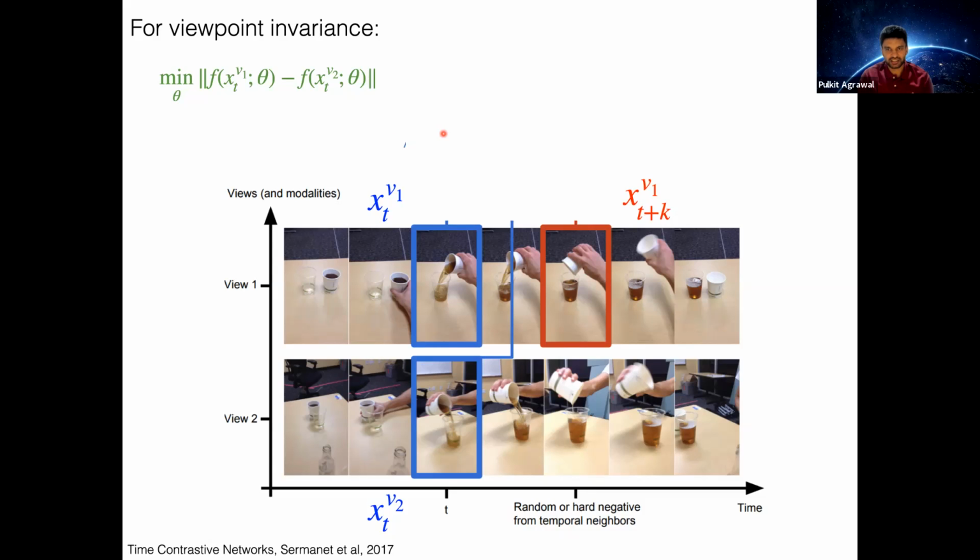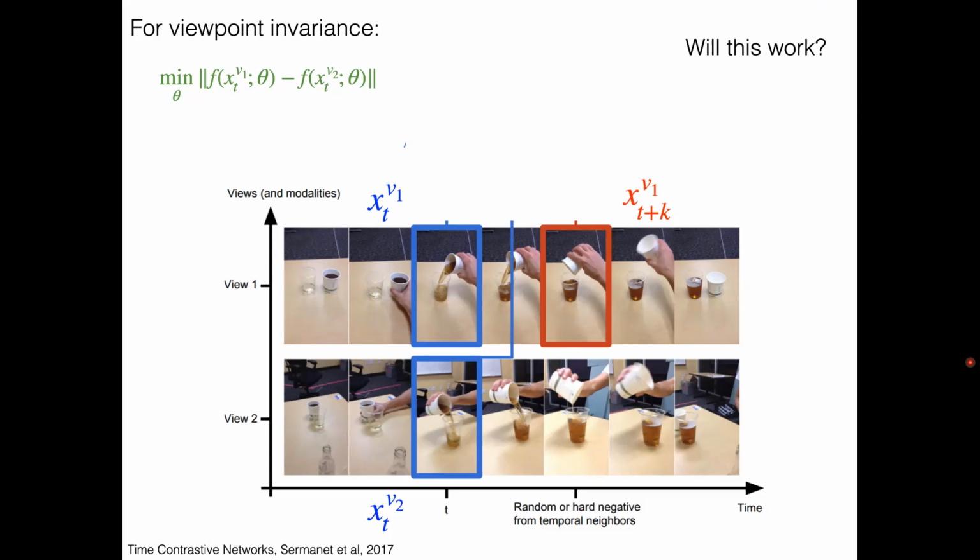And the question that I'm going to ask is, is this going to work? By work, I mean, is this going to lead to viewpoint invariance? Right? So let's do a poll on this and see what people think.